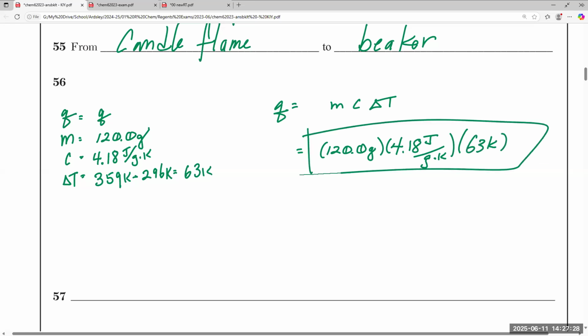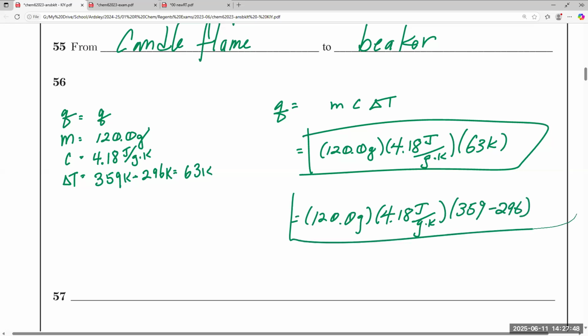This is a correct answer. But I just wasted time in my calculator, didn't I? Because they don't want the answer. They want the setup. So what I could have also done was this. I could have done this and it would have been just as correct. Either way works.